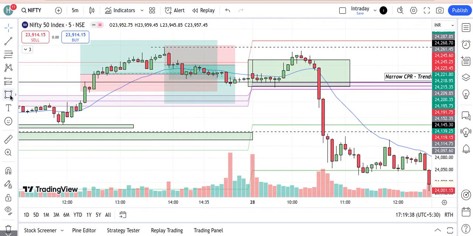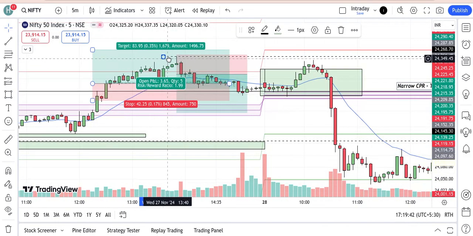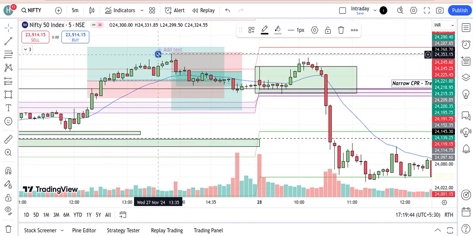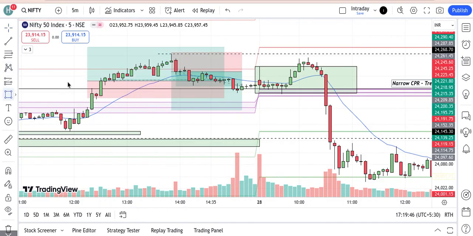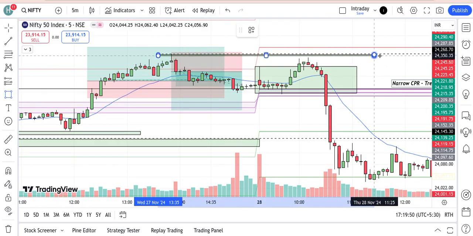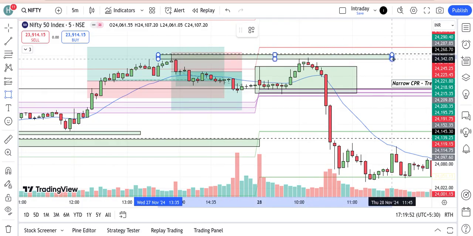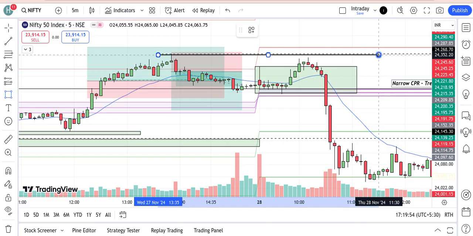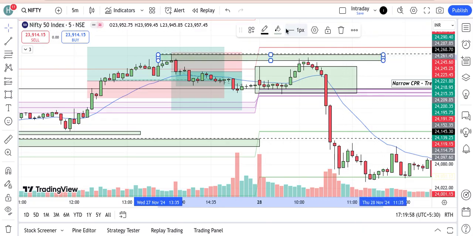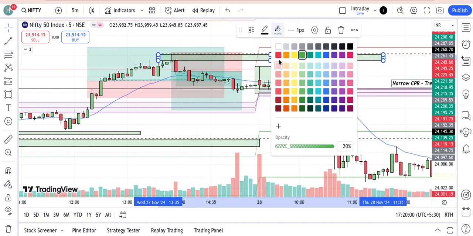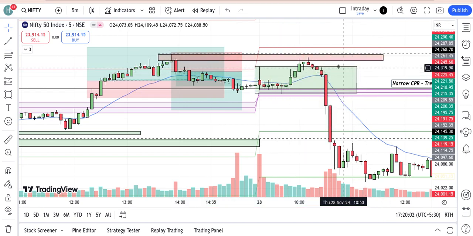You have to understand that this is your supply zone, from this candle to this candle. And just to make it more visible, I will fill it with red. So this is the supply zone.